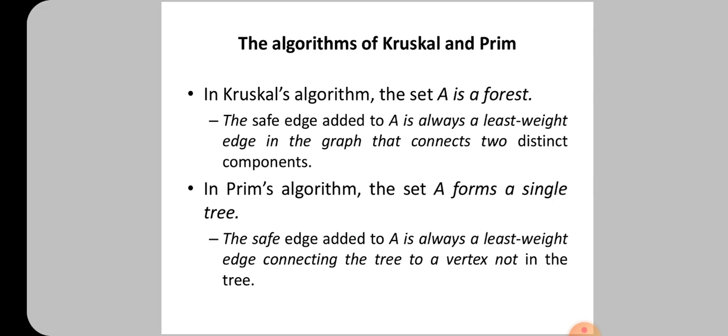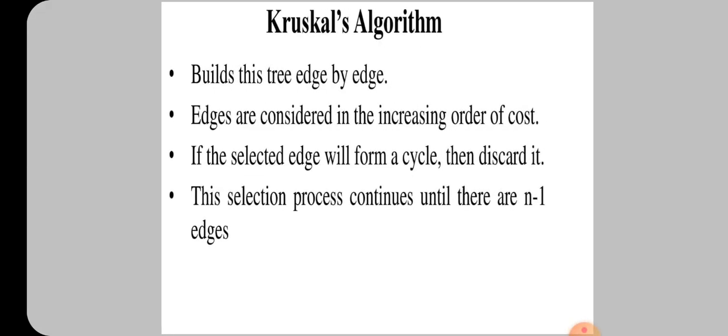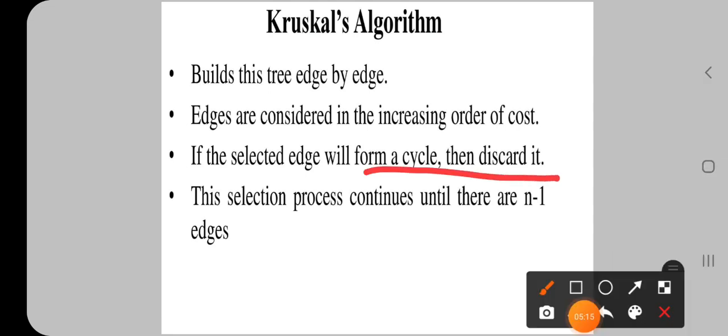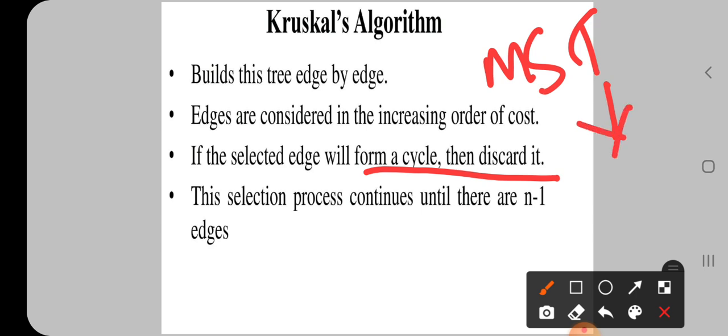Then Kruskal's algorithm builds this tree edge by edge. Here we consider the edges in increasing order of cost. If the selected edge forms a cycle, then it is discarded, because a minimum spanning tree doesn't contain a cycle.